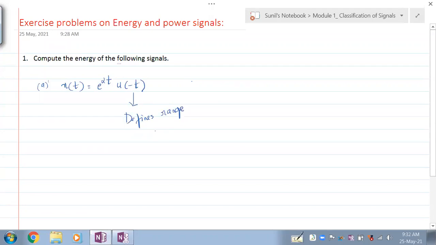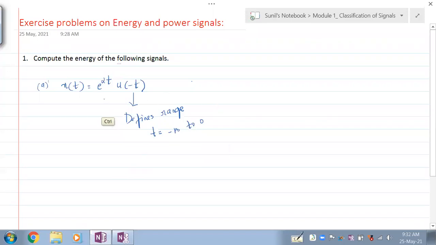What is the range? Since u of t goes from 0 to infinity, u of minus t ranges from minus infinity to 0. Get that point? It defines the range, which is t equal to minus infinity to 0.